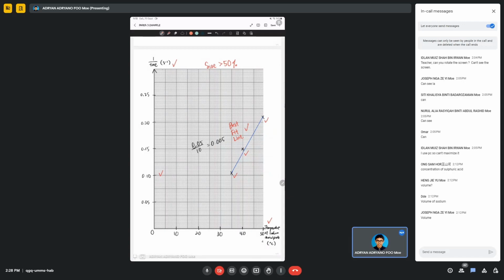You just plot everything that you got, then draw the best fit. Who knows, they may give you marks because of your graph.